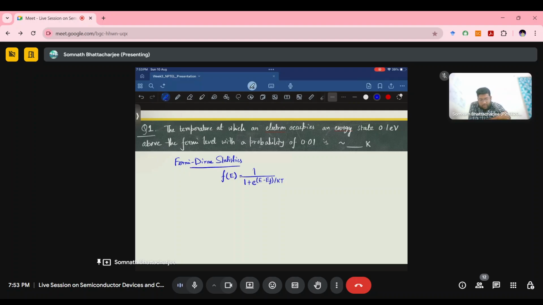As from previous discussion, we know that if T is constant, E becomes constant as well. Try to solve this. You just have to put the values here.